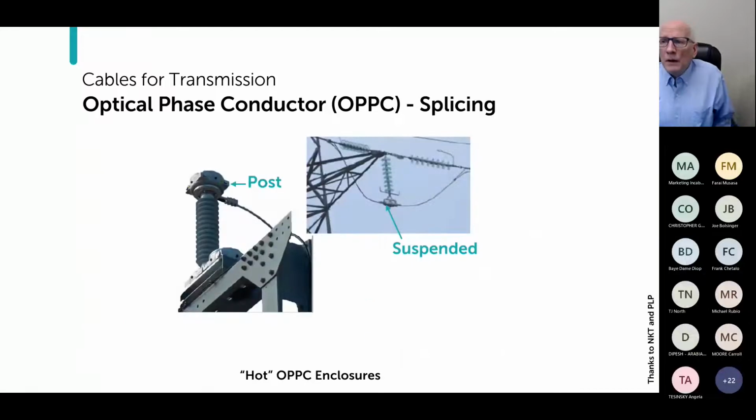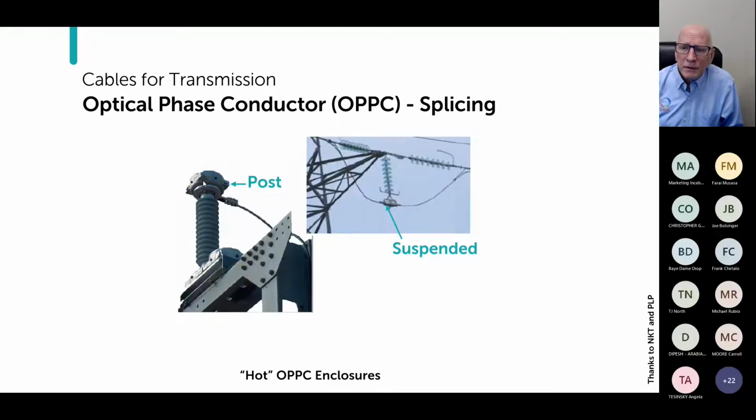Moving on, or actually before I move on, let me talk specifically about what I meant about the splicing. So this is a hot OPPC enclosure. So you can see the OPPC here coming in, and it's energized, and it goes to this splice enclosure here, right off the line. So this is a suspended version.